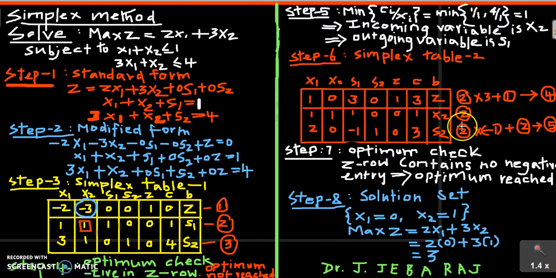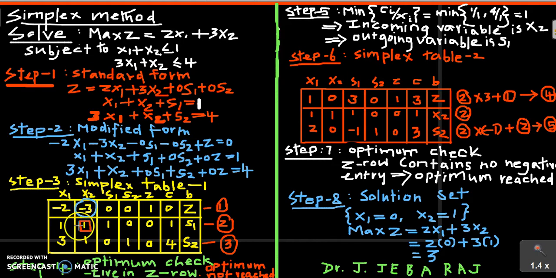So in this particular table, simplex table 2 comes. Listen here. By using this pivotal element, we have to make this 0. So you multiply equation number 2 by 3 and add with this. You will get 0 here.